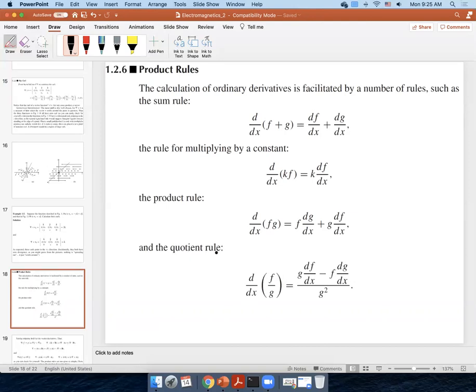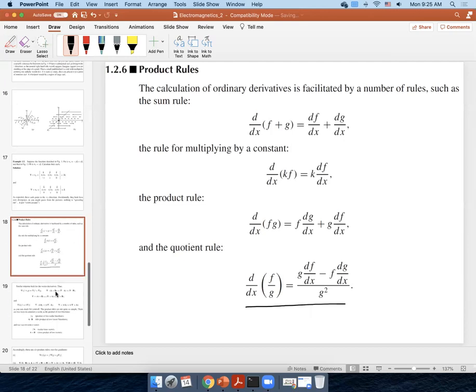And the quotient rule, which is shown here: d(f/g)/dx equals (g df/dx minus f dg/dx) over g squared. So this is the most complicated rule, but I suppose you have all learned it in calculus.